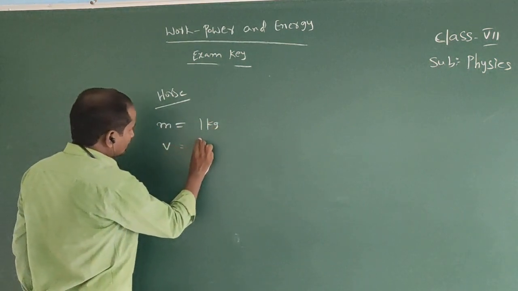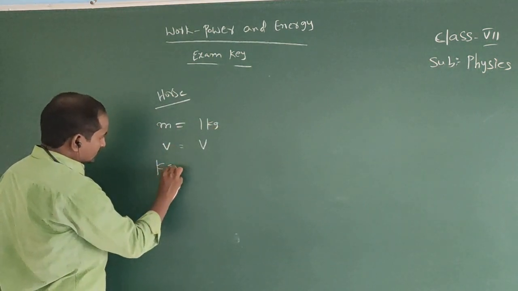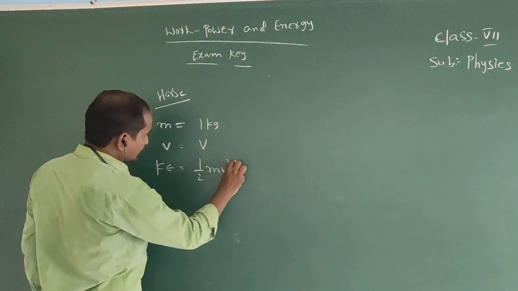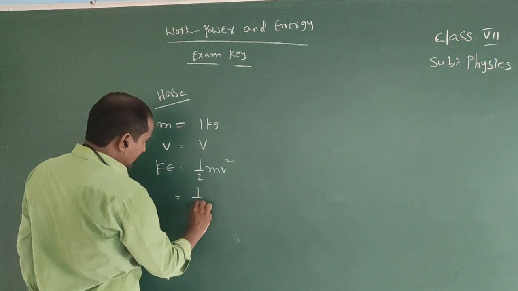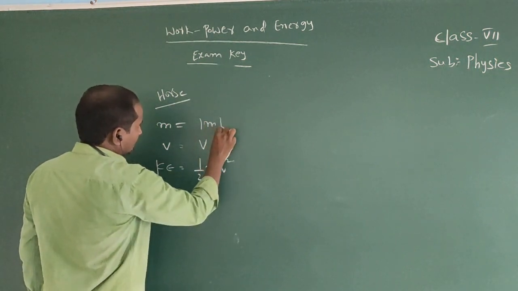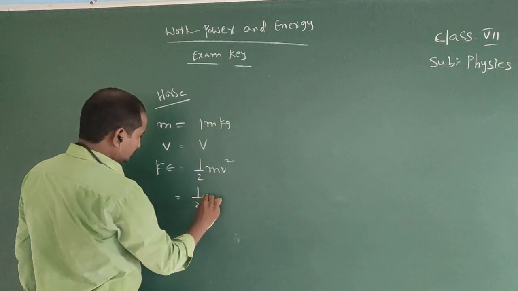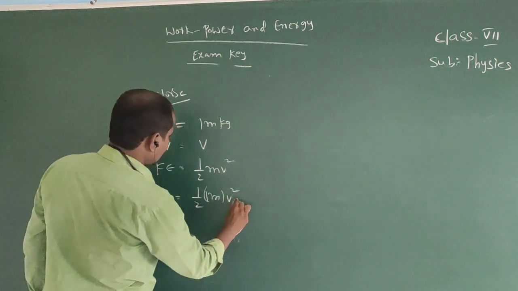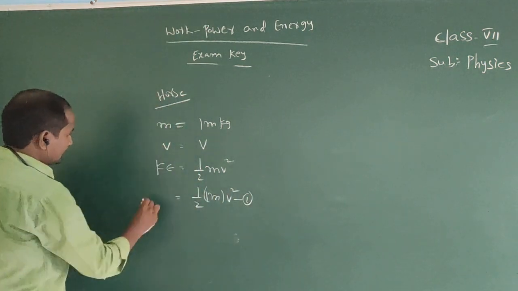Here V equal to V only. So K equal to half into m into V square. So half into 1m into V square. It is the kinetic energy of Earth.